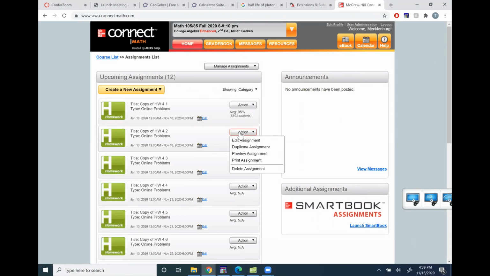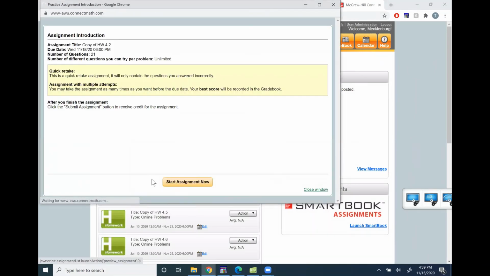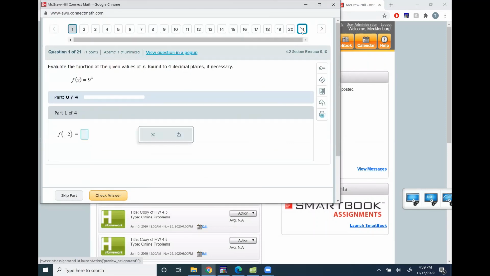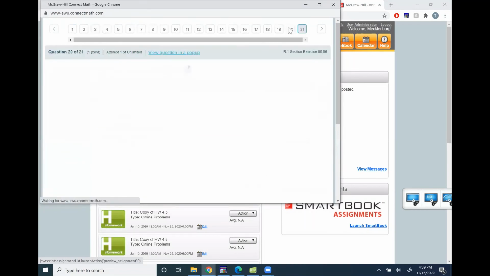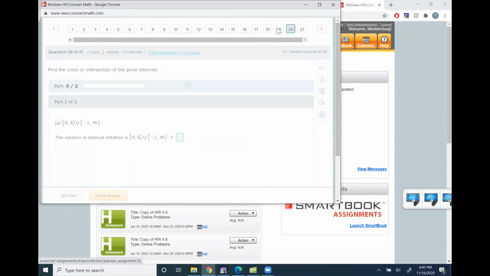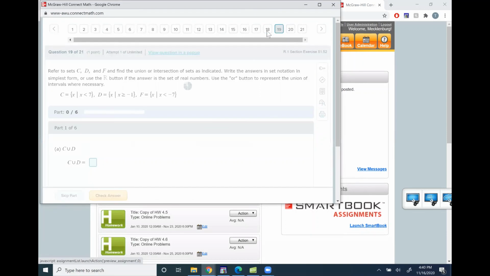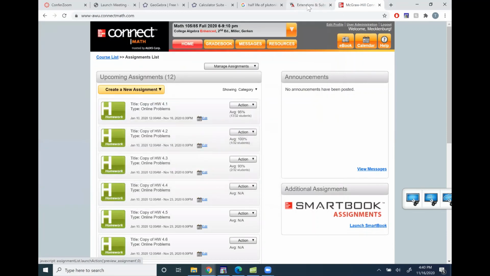So this will be 4.2. It's probably an assignment, a problem towards the end, I would guess. So let me check out 21. No, 20. What the heck is this? What am I looking at? I should be looking at 4.2.